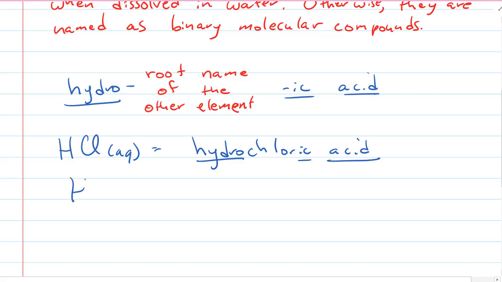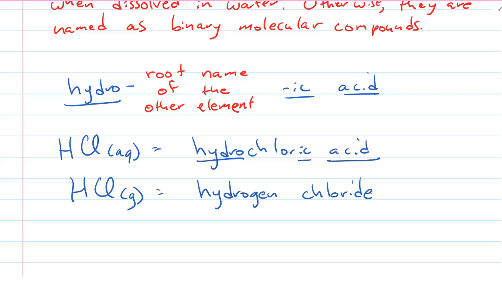But just so we are aware, if it's not dissolved in water, it actually comes as a gas. We name it as a binary molecular compound. We'd simply call this one hydrogen chloride. But now, usually chemists will know the context in which we use it.